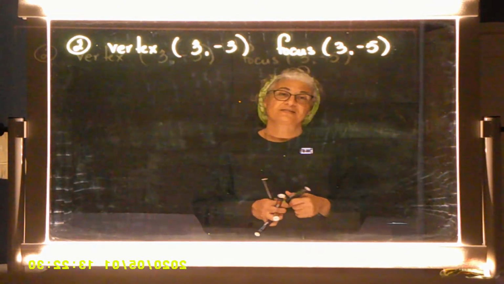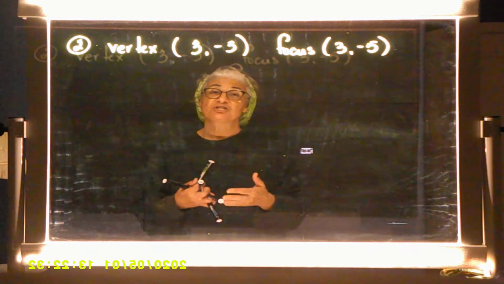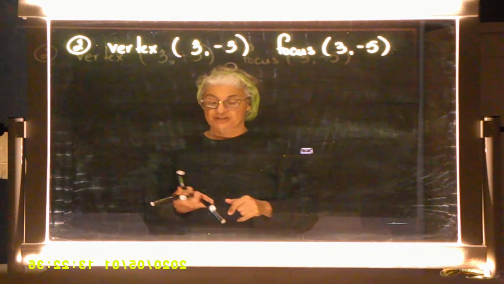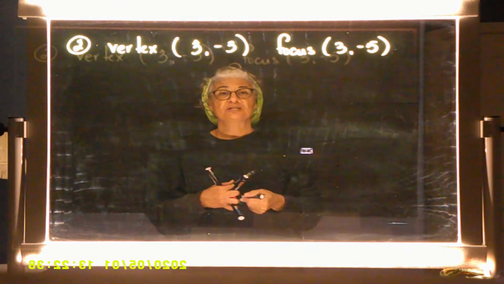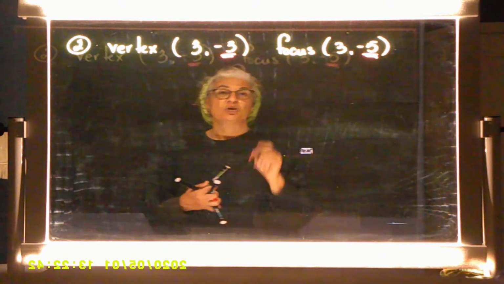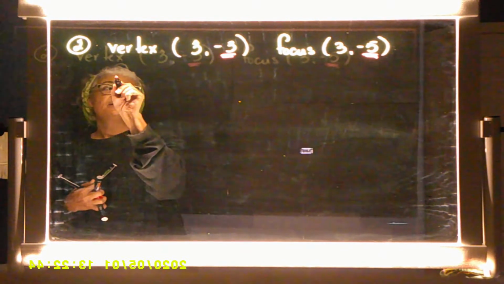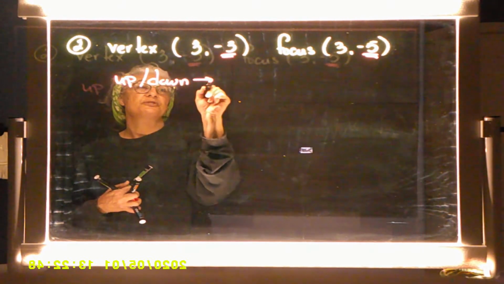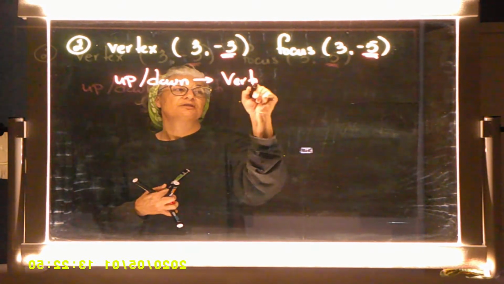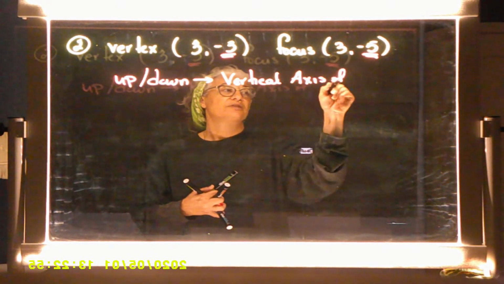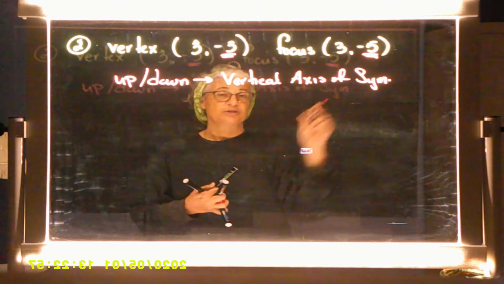Okay, so let's look at this next example. The directions have not changed. They still want me to find an equation of a parabola, and this is the information they've given me. Now in this particular case, notice the y's are changing, which means this is a parabola that either goes up or down. And if it goes either up or down, then I have a vertical axis of symmetry, because vertical lines go up and down. With me?